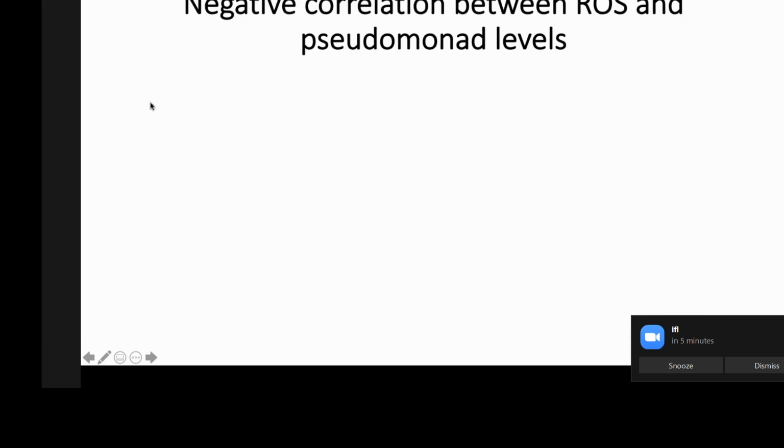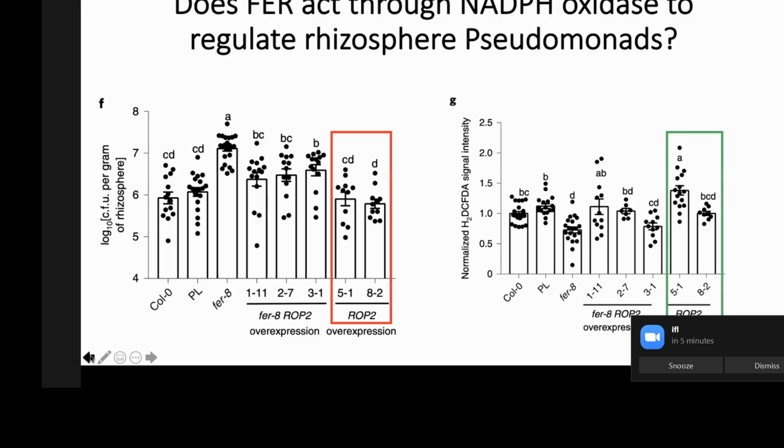So are the FAIR8 ROP2 overexpressors still dwarfs? I'm not sure if you looked at that. My guess is that ROP2 overexpression is, I mean, it's involved in so many things other than just ROS.